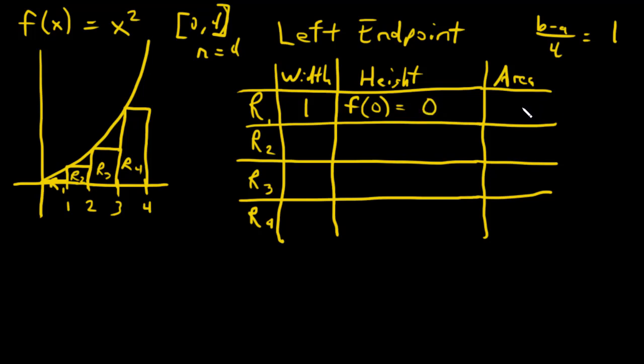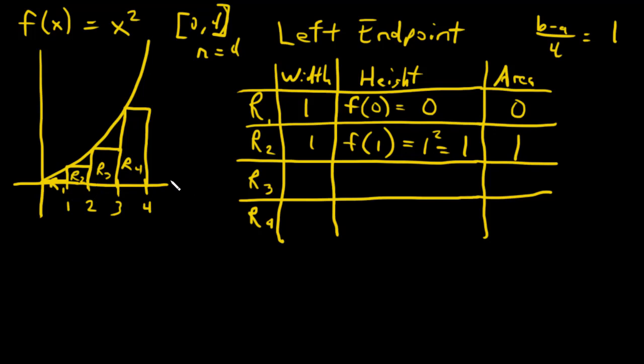So the area of the first rectangle is 0. Now I feed in the left side endpoint to get my height. So that's going to be f of 1, which is 1 squared, which is 1, which is 1 times 1, 1. So that rectangle has an area of 1.